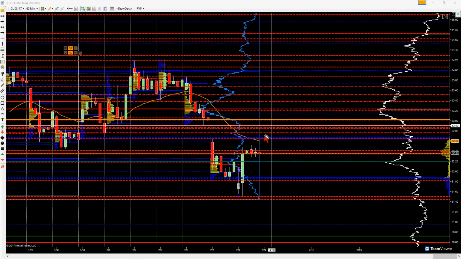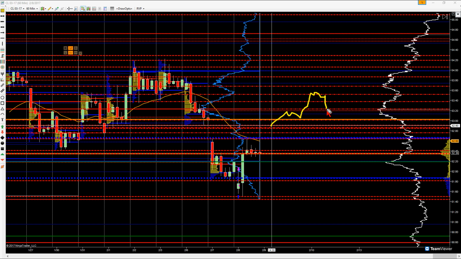Hypo 3 is going to be where we get above overnight high and stay above overnight high. So we get above, again, we come, we tested this low volume node, the low volume node holds.